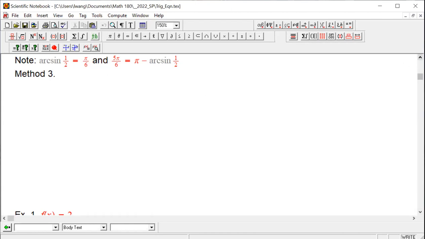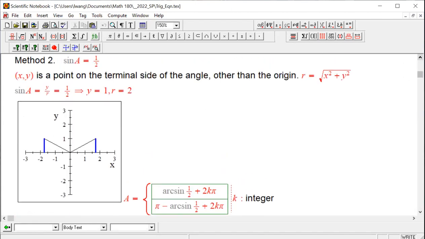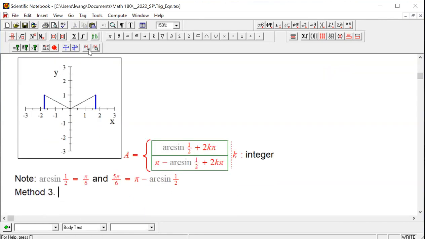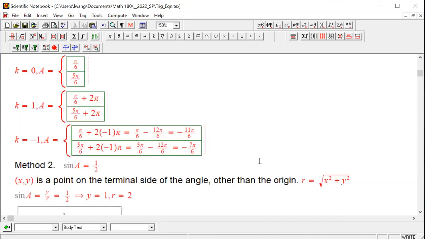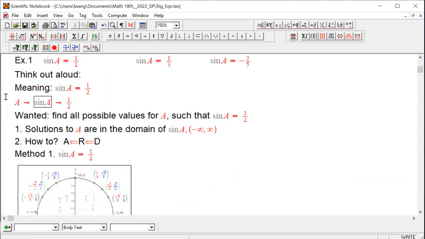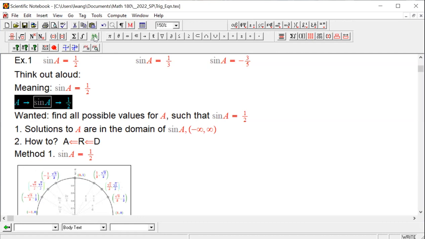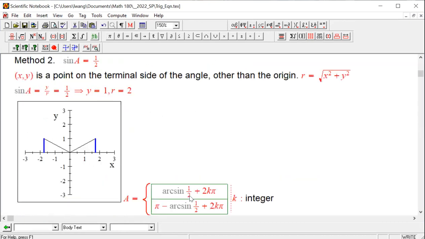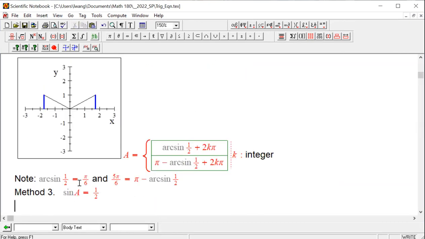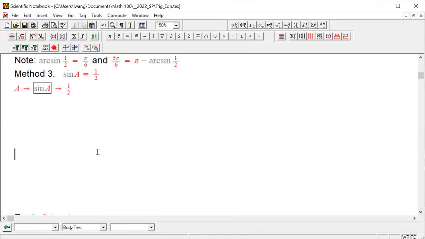We're solving this equation, and we also understand this meaning. We know the output. The output is half, and we want to find the input.